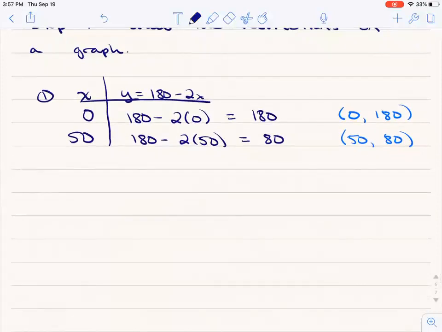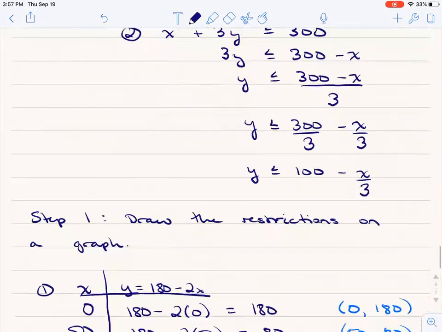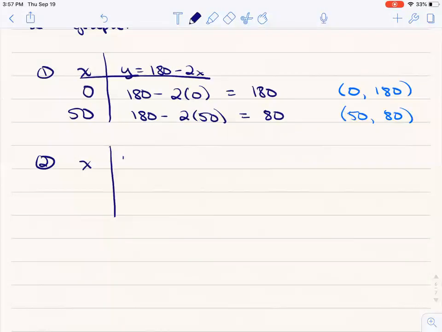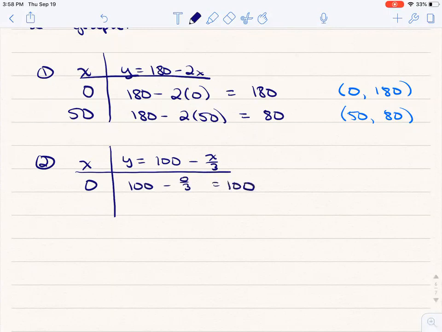Before I draw this line, I'm going to find the points for the second equation as well, just so they're together. And what was my second equation? Oh yeah, y is 100 minus x over 3. Again, I'm going to use 0. It's a nice number. So then I have 100 minus 0 divided by 3 is 100.